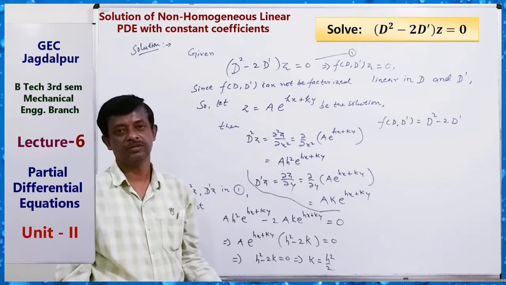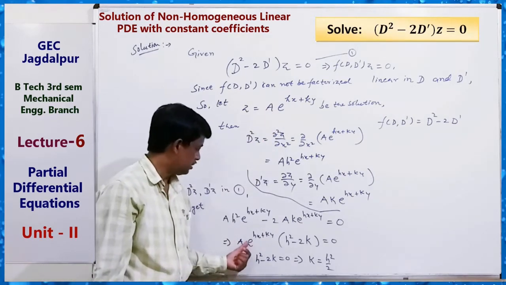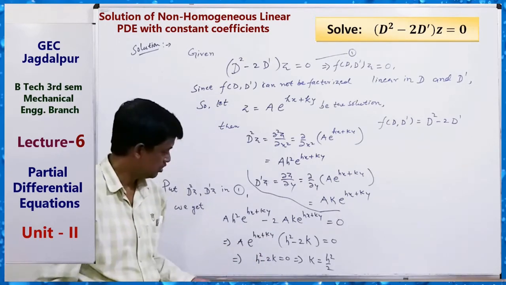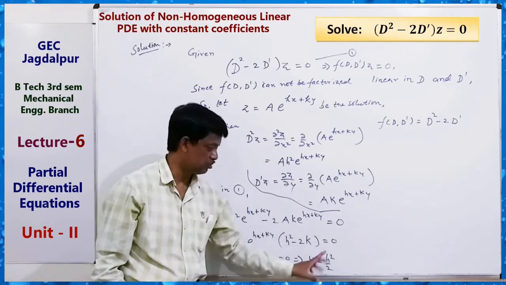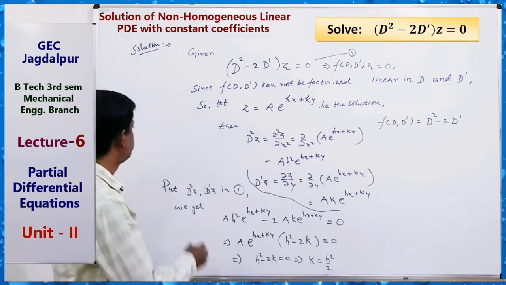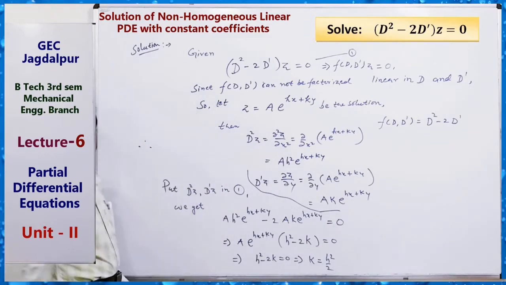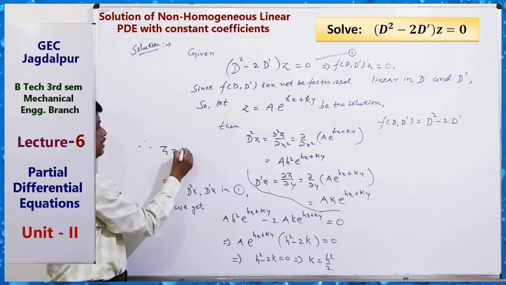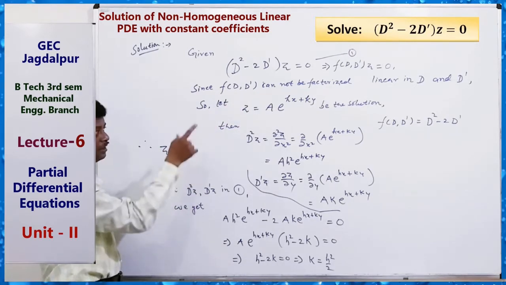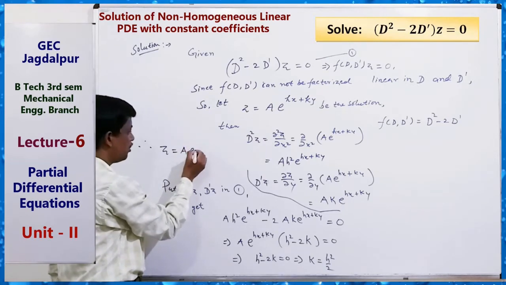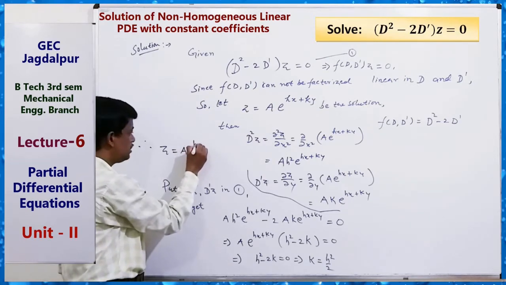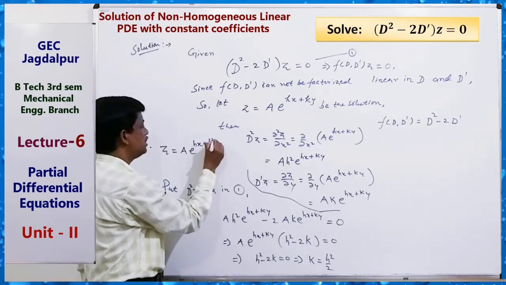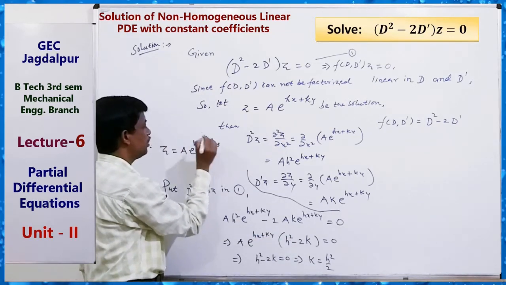Then the solution would be 0. So this is also exponential. E to the power something cannot be equal to 0. So k equals to this. Therefore, the final solution will be this. Z equals to a e to the power hx plus, in place of k we can write h square by 2 y.